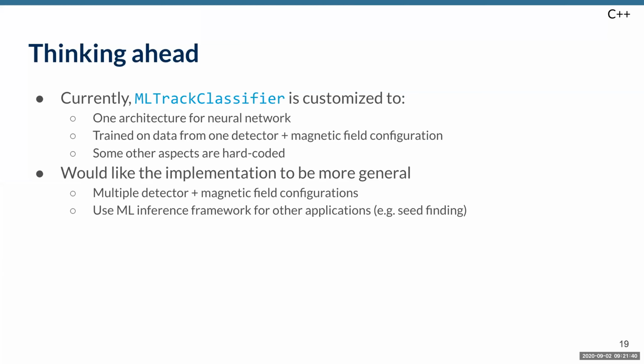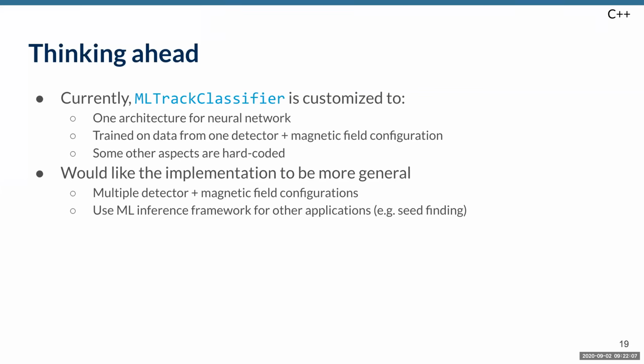However, as we were working on this implementation and talking amongst ourselves and with other people, we came to realize that this V1 implementation has several limitations. Namely, it currently implements one single network architecture, the one I showed a few slides ago, and this network architecture is trained on data generated from one particular detector plus magnetic field configuration.